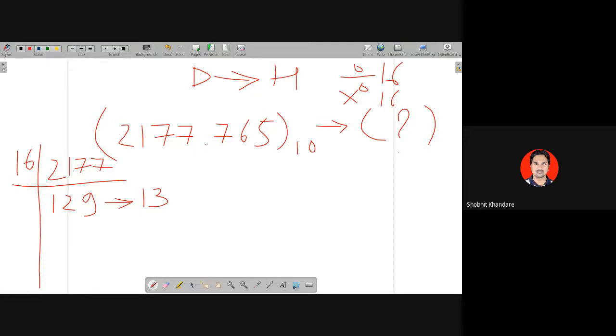I want the equivalent of 13 in hexadecimal. D. Yes, it is D. So write D in bracket. Very good. Hexadecimal is alphanumerical. 13 is in decimal. I want its corresponding hexadecimal number. So it is D.